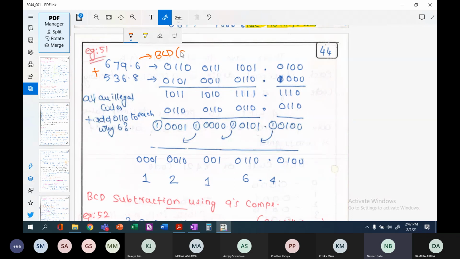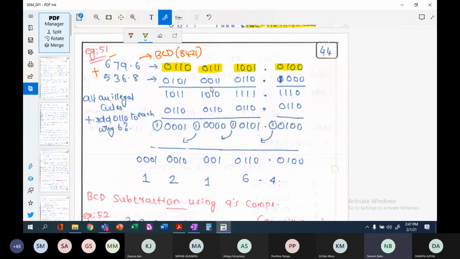Whenever I say BCD addition, by default it is 8421 BCD addition. 6 is represented as 0110, 7 as 0111, 9 as 1001 and 6 as 0110. And now I have to perform similarly 536.8.